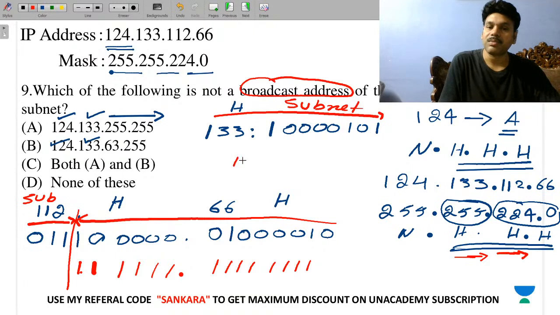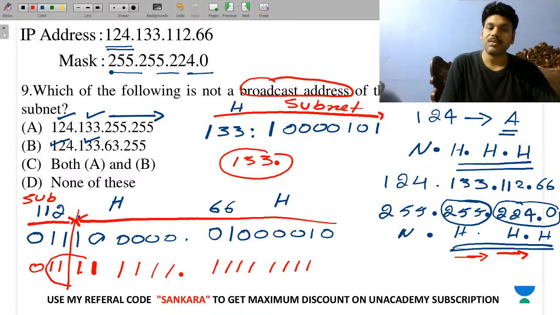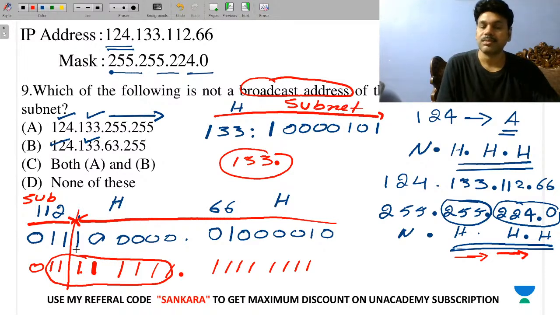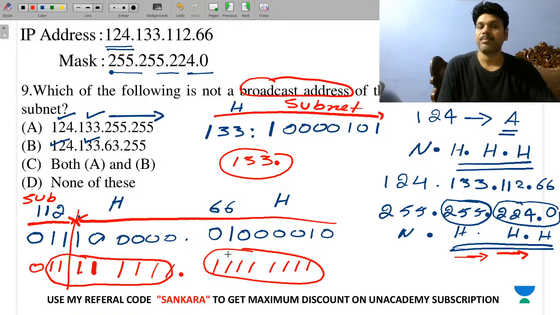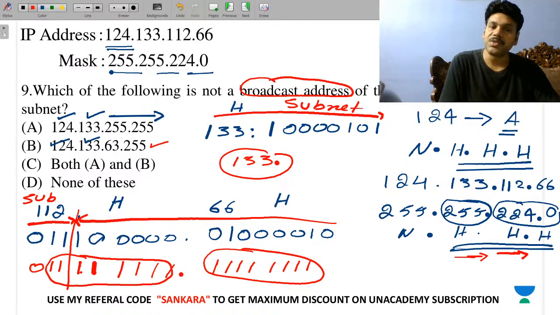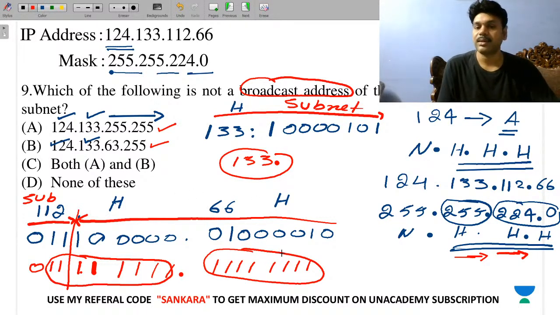As it is, you drop this 133, as it is going to be presented, and here you drop your subnetted bits as it is. If you consider the last 7 ones, and the last 8 ones, last 8 ones means it is 255 only.